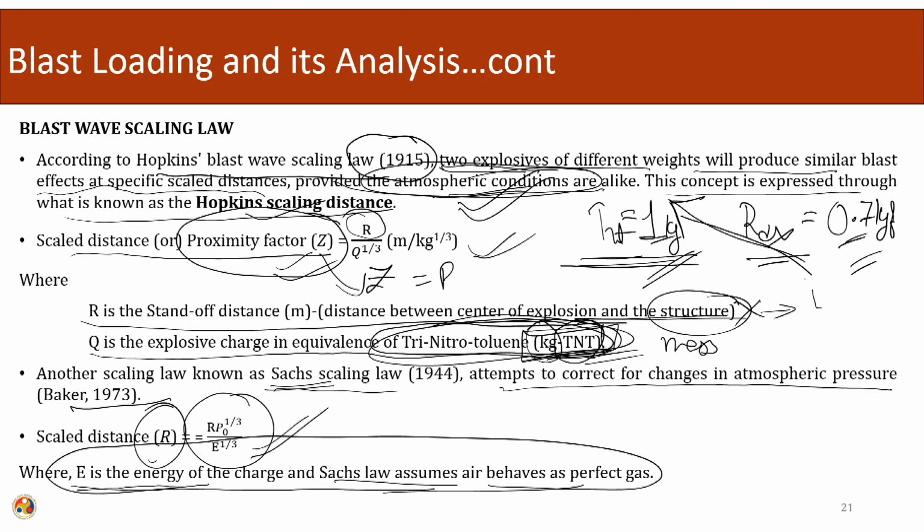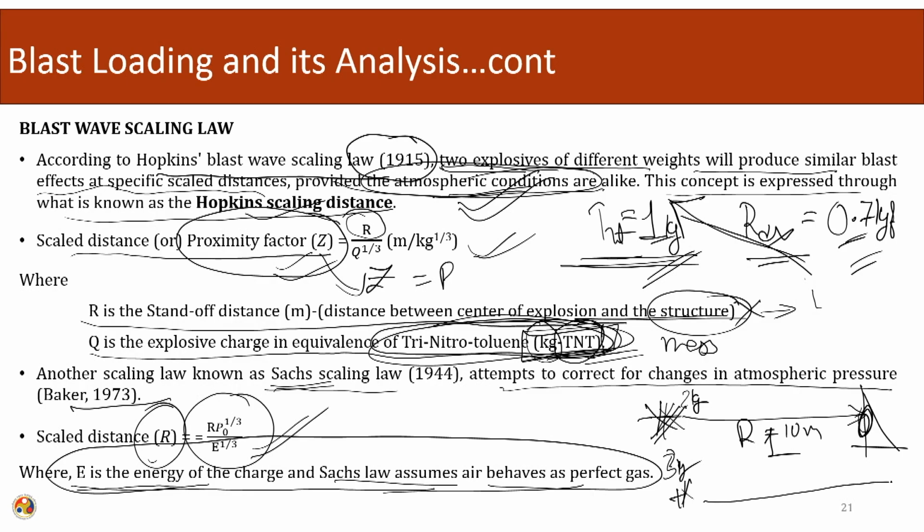So what does it mean? It means that the total amount of effect is the same, whether we take one charge and calculate its effect at distance r1, or take, let us say, 2 kg at 10 meter and 5 kg at r equals 15 meter.